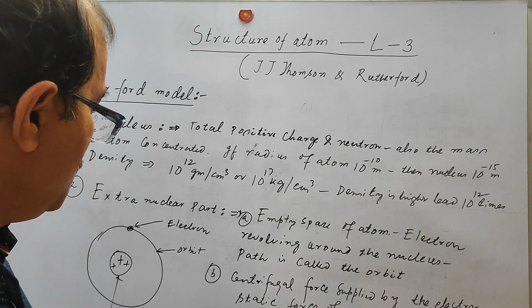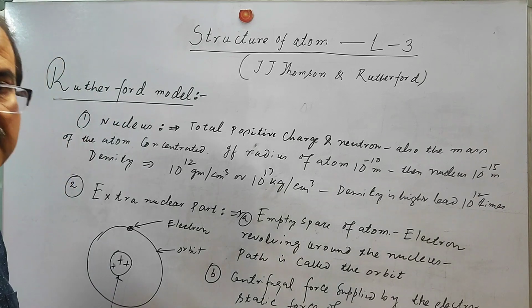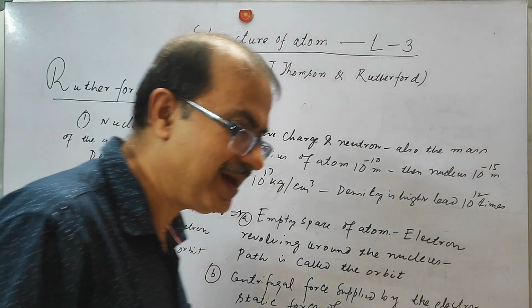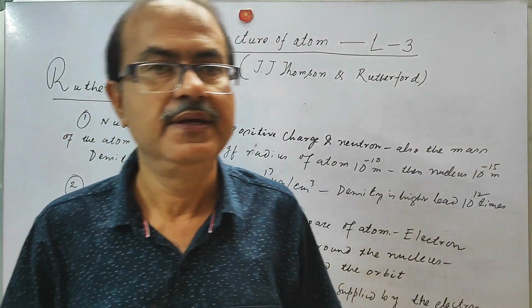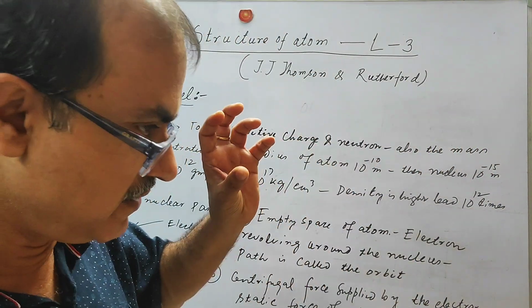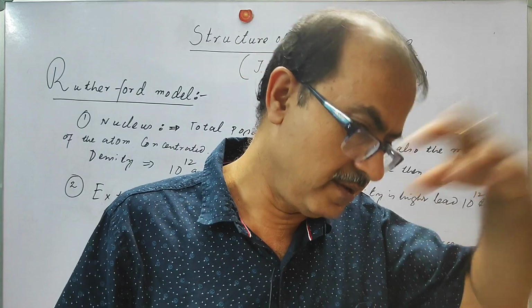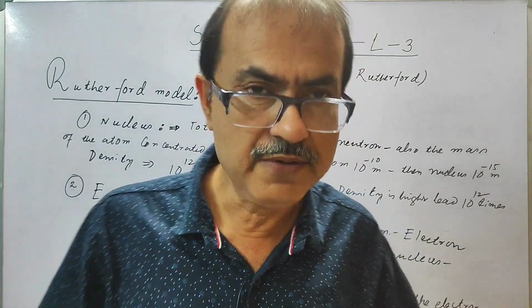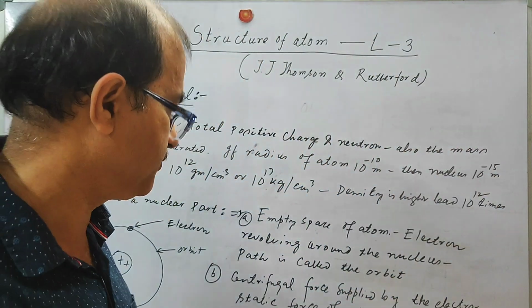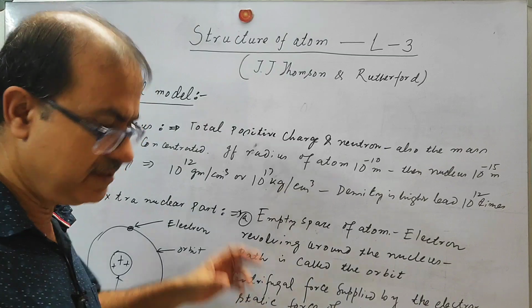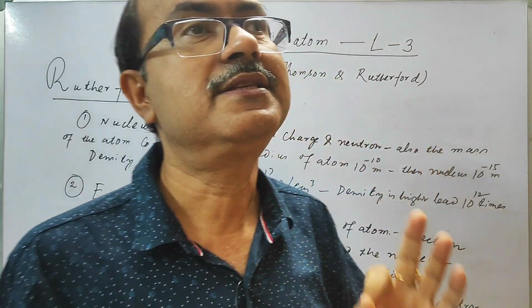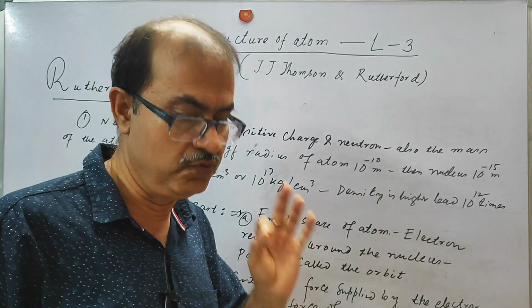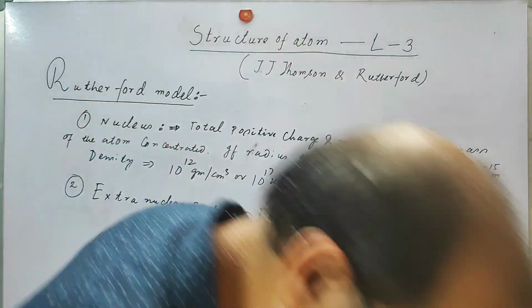It resembles the planetary arrangement we observe in our solar system: at the center there is the sun, and in the orbits there are the planets. It looks like a very good model, but it has some serious drawbacks. We will now understand its drawbacks.